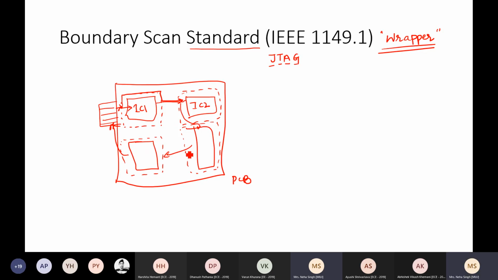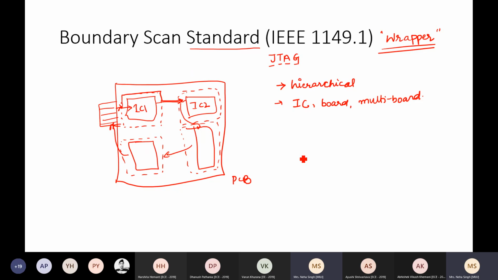When I have this wrapper made, this gives me an advantage that my testing becomes hierarchical. It follows hierarchy. I can use this to test a single IC on my board. I can use it to test the board completely, if all the parts are working together or not. Moreover, I can connect it from one board to other boards as well.